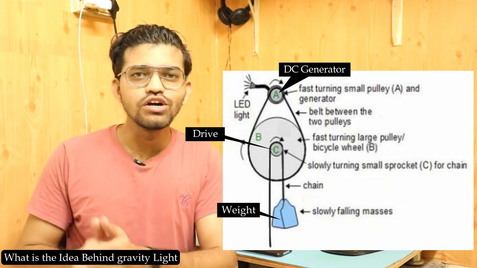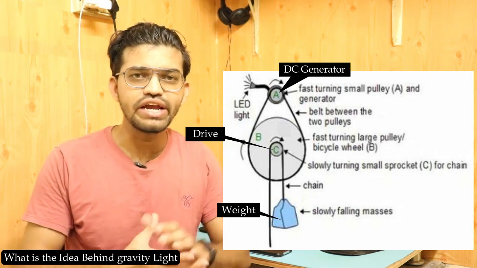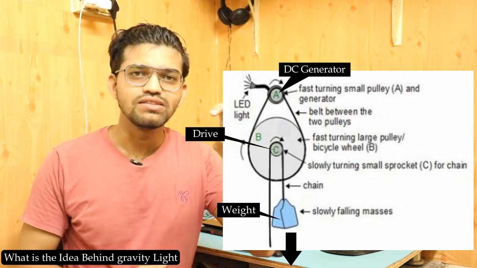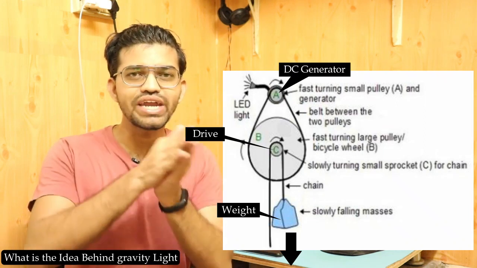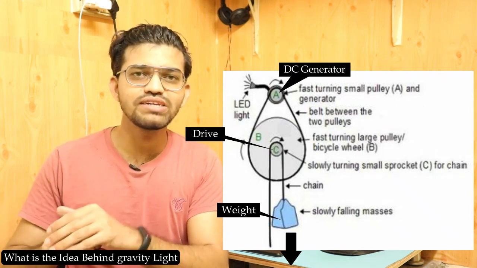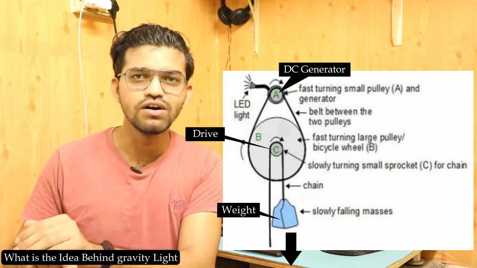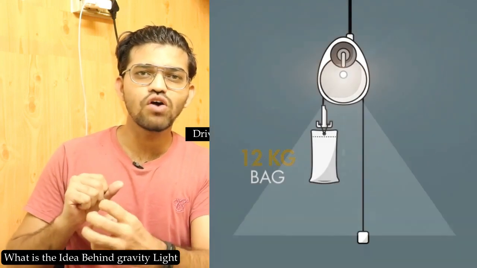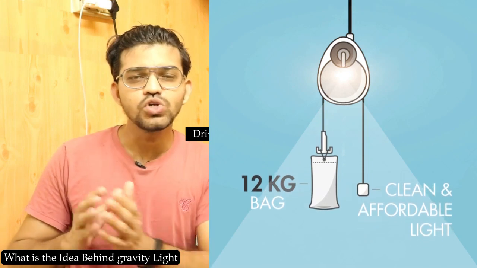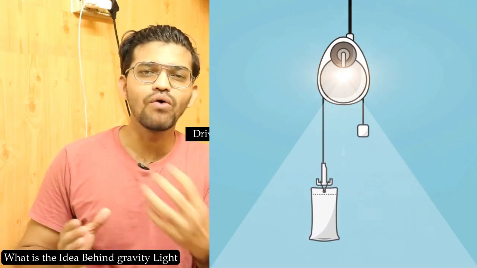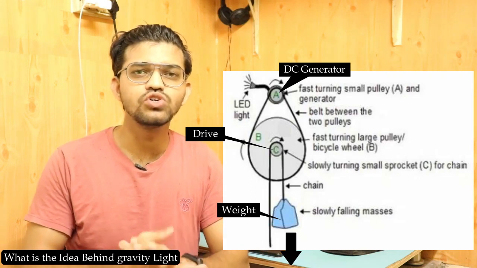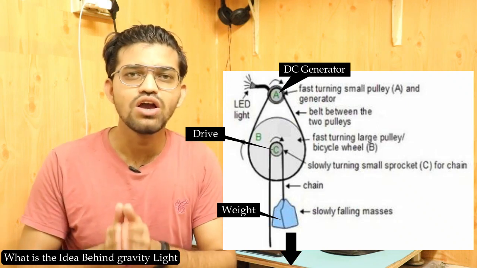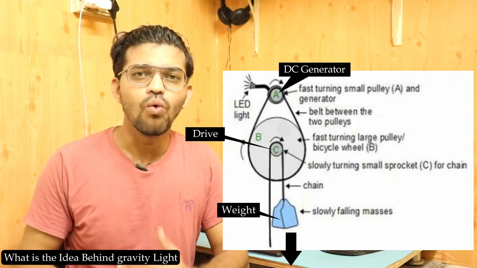Here a falling mechanism is created: the weight falls from a certain height, and when it falls, it rotates the internal gear mechanism of the DC generator. This internal gear mechanism rotates the generator, and due to the rotation of the generator, it produces electricity, and the produced electricity can be used to power the LEDs connected to the mechanism. That is the basic idea behind the working of the gravity light.